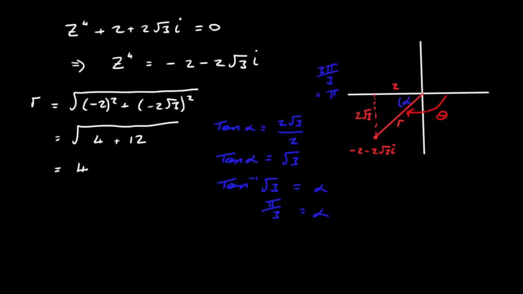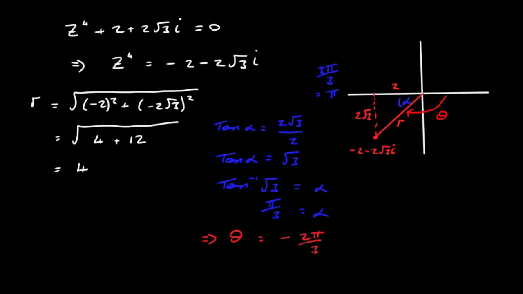So we want to go back in that direction, 1 pi over 3. Remember, alpha is 1 pi over 3. So we want to subtract 1 pi over 3 from this. So really our theta here is just minus 2 pi over 3 in this direction here.